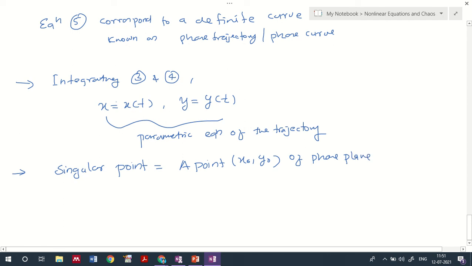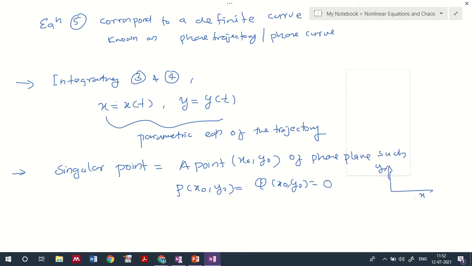So when you consider a phase plane, a singular point is a point where P of x0 y0 is equal to Q of x0 y0, equal to 0.